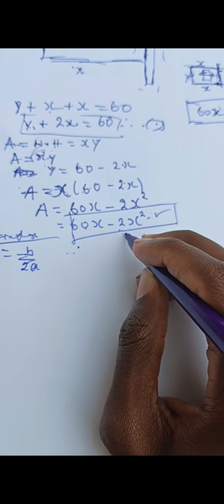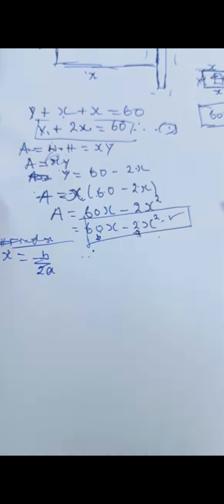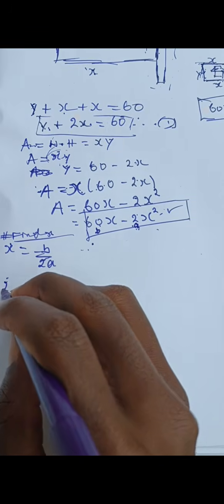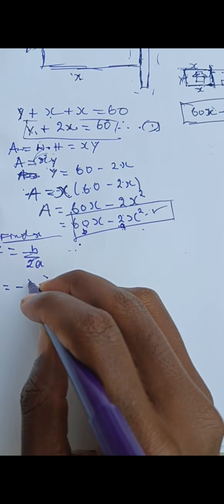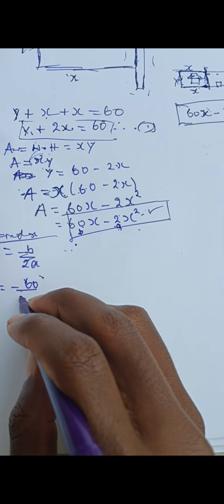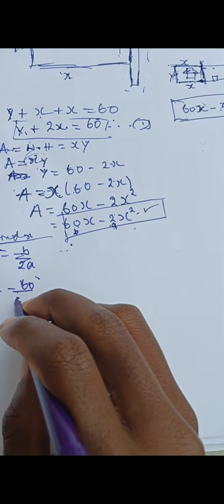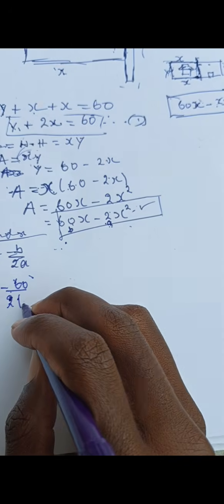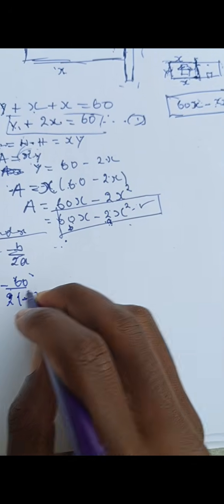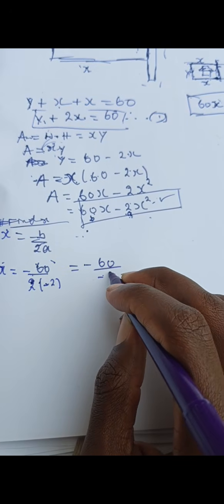So a is this one, b is this one. So negative b, we have 60, a, we have negative 2, right? So now we are having negative 60 over negative 4.